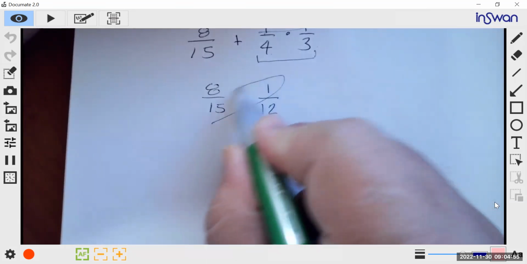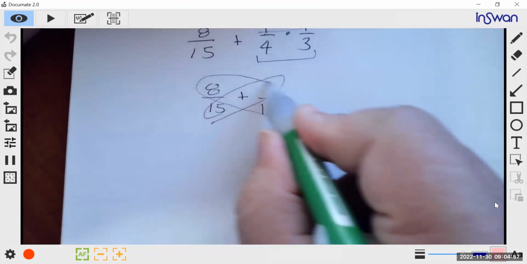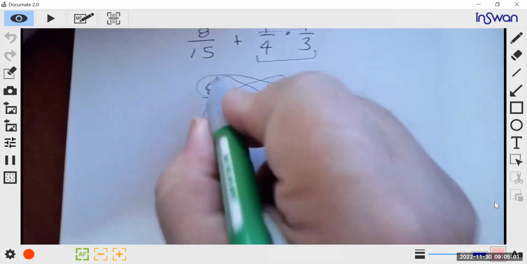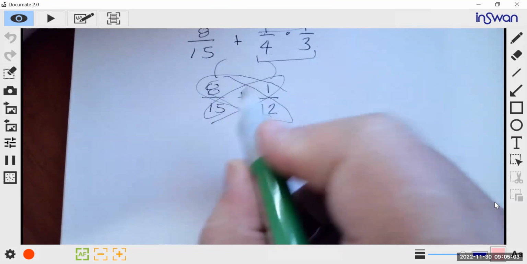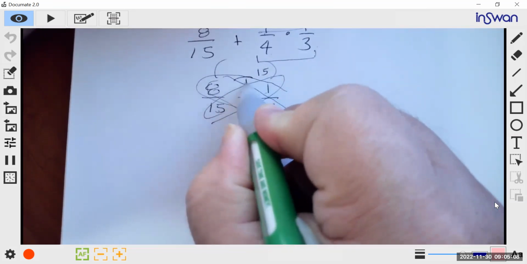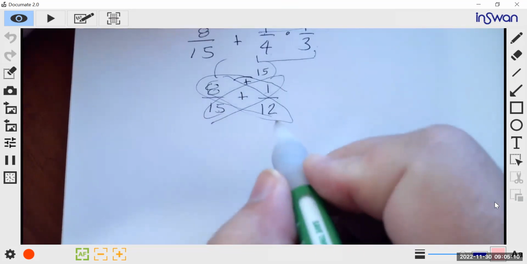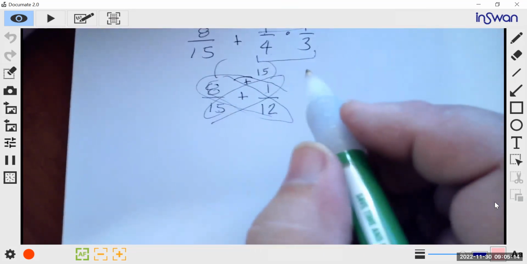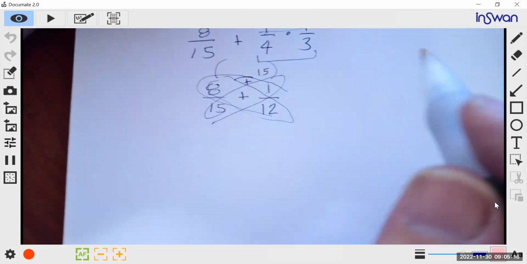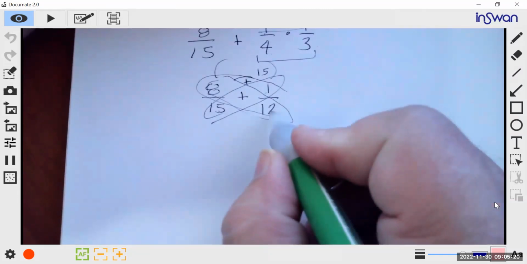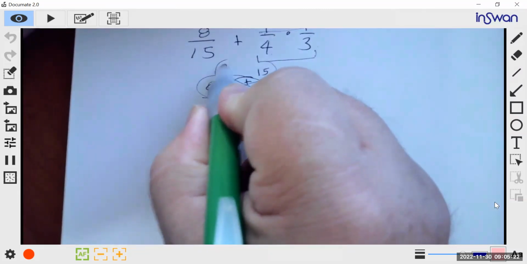Let's go ahead and do the butterfly. Fifteen times 1 is 15. So plus. No, you can't do that with plus. Yeah, good. I'm glad you noticed that, but no, we can't. Not when it has plus or minus. 12 times 8 is 96.